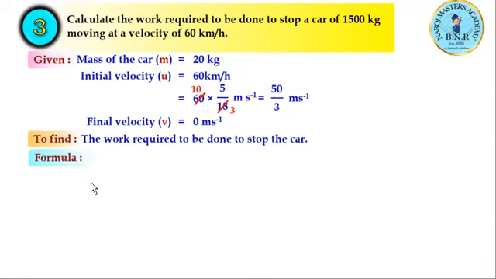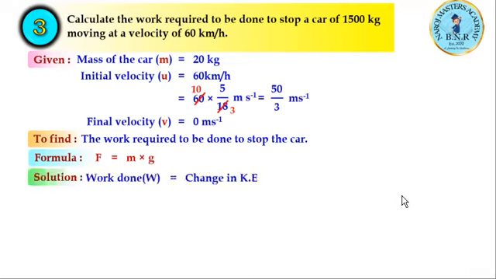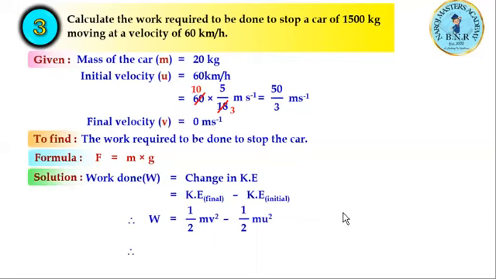Then kinetic energy, we know very well. What is the formula to find the kinetic energy? Half mv square, is it right? Change in kinetic energy, so final kinetic energy minus initial kinetic energy, that is half mv square minus half mu square. So half m we can take common, v square minus u square, simply write that.